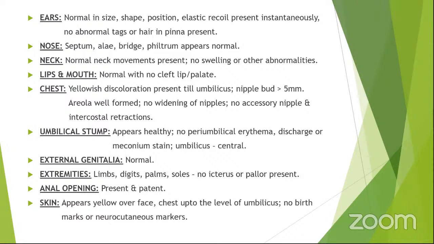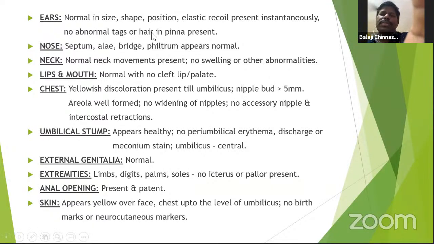In term babies, the wrist will be able to touch the forearm. In preterm, it will be stiffer and very difficult to touch the elbow aspect. But in term, the angle will be less because stiffness will be less.